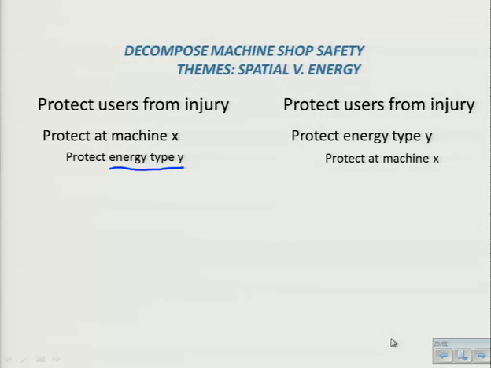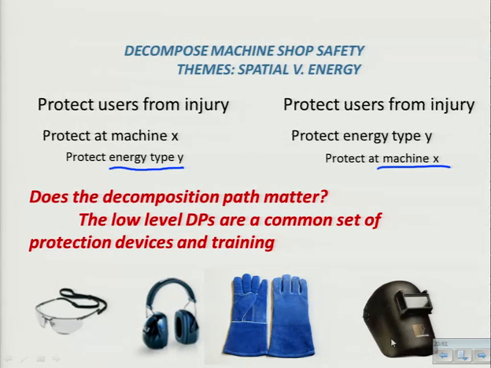Then we could say, well, let's take a look at the energies in each machine. So the interesting thing here is it looks like it might be commutative. In fact, when we get down to the nitty-gritty level, we end up with a bunch of devices. So acoustic energy, it's protecting people from different things.